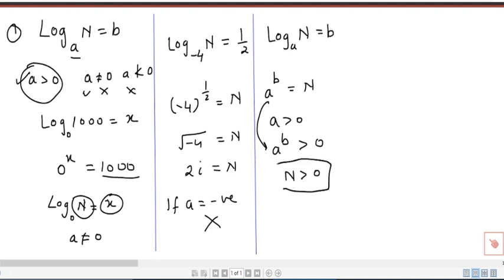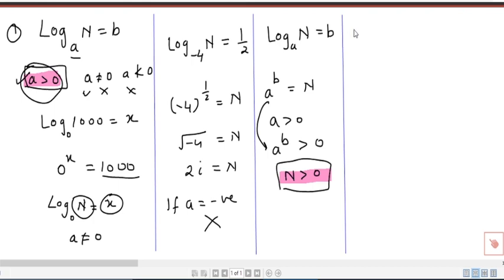This is one more fact that we have established: a is greater than 0, and n should also be greater than 0. Now let's talk about the third component of this log equation, which is b. Now let's talk about the value of b.